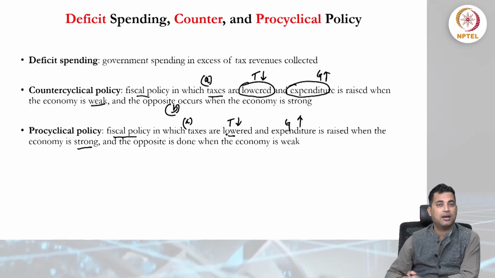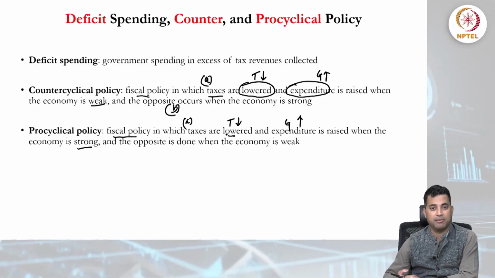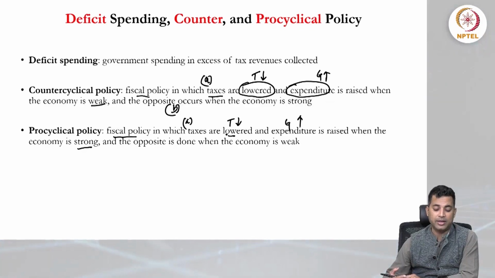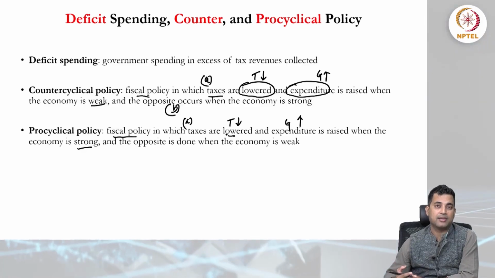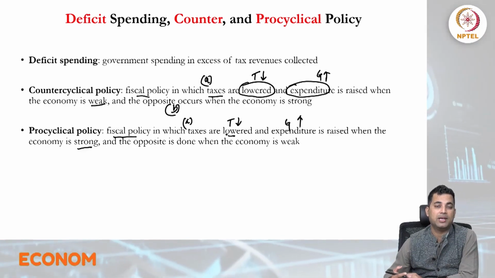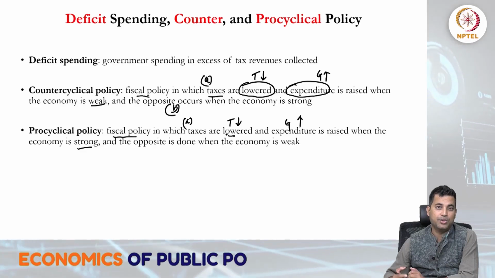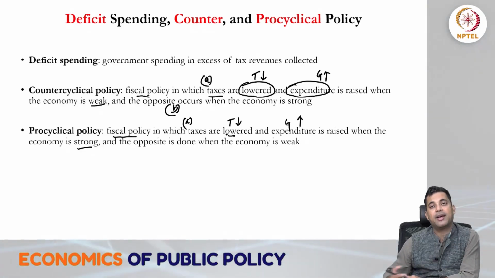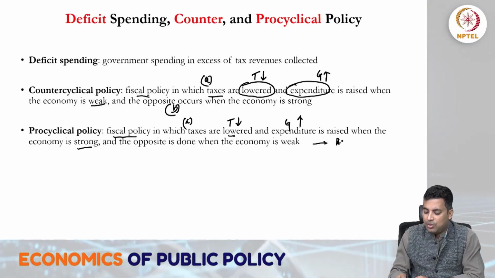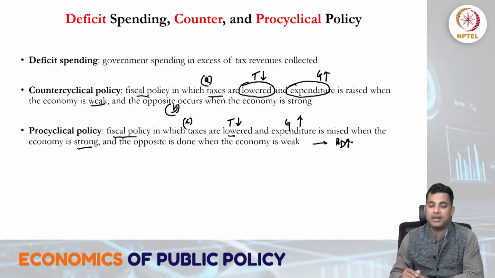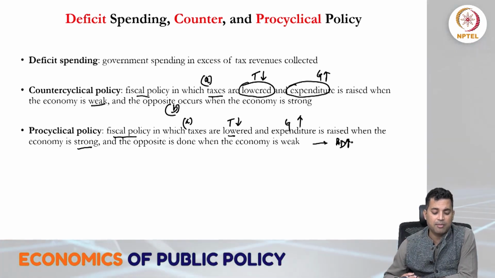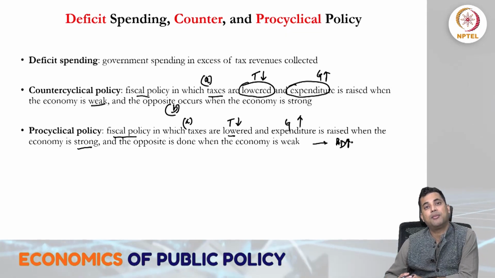When the government has resources, it is supposed to spend more, and tax is lowered to encourage small, medium and large businesses to invest more and more. The ultimate objective is again to increase overall aggregate demand. So aggregate demand can be raised either through counter cyclical policy or pro-cyclical policy.